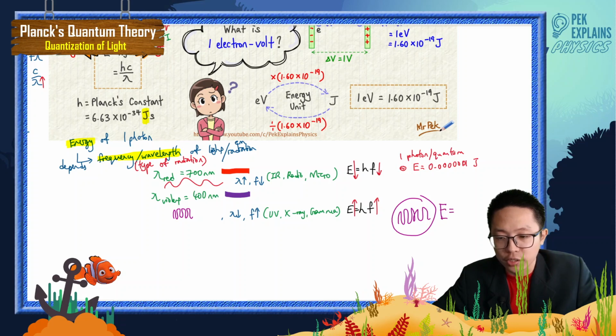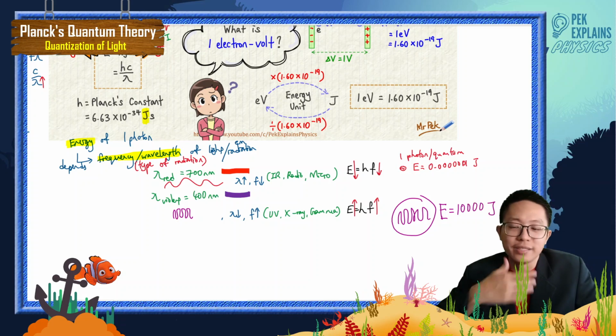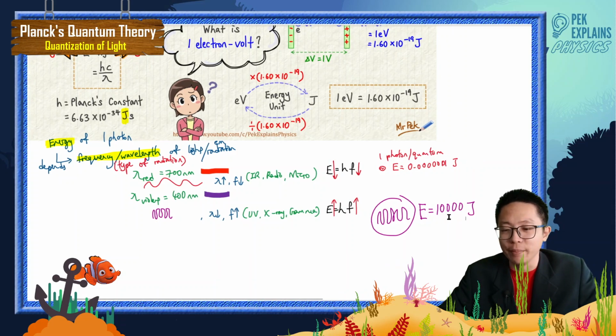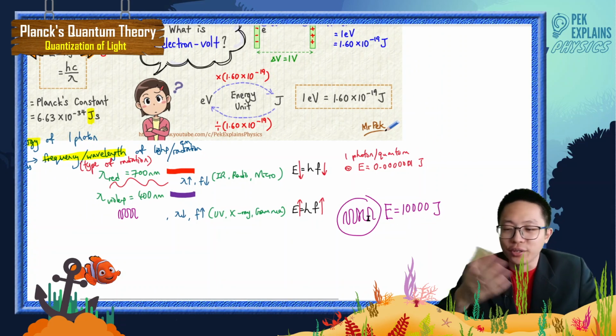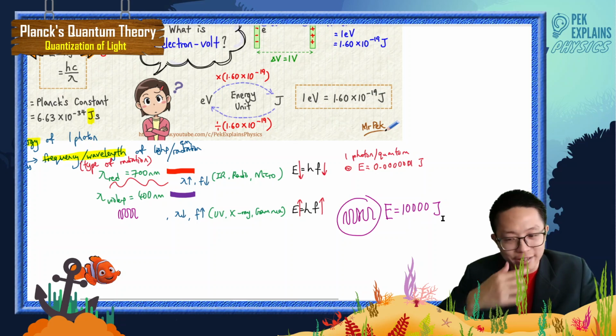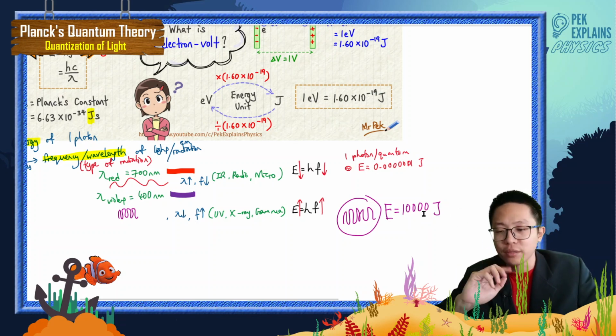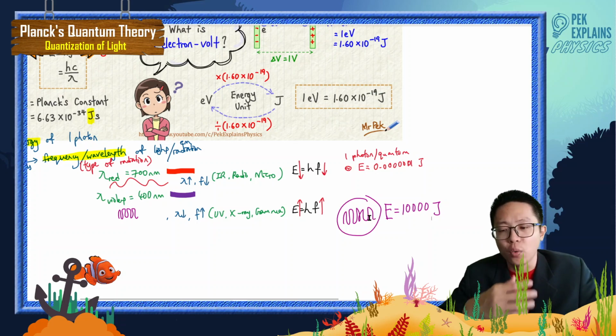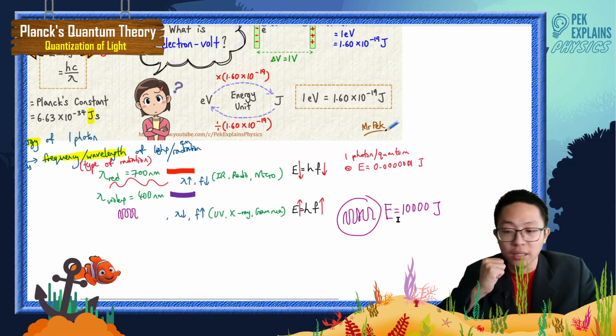Maybe it's 10,000, but this is just impossible, you cannot have one photon with 10,000 joule of energy. This is just descriptive only. One photon of X-ray or gamma ray has a lot of energy, but one photon of radio wave or microwave has very little energy. Low frequency, low energy; high frequency, high energy.